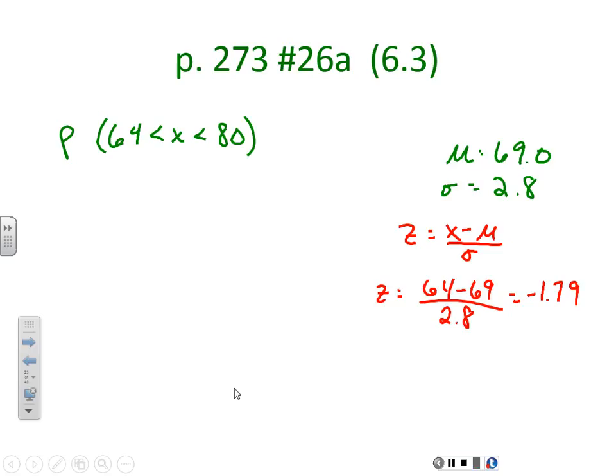You should be getting negative 1.79. Make sure you are doing the order of operations correctly, that you're subtracting before you divide. So either put the 64 minus 69 in parentheses divided by 2.8, or 64 minus 69 equals, and then divide it by 2.8.